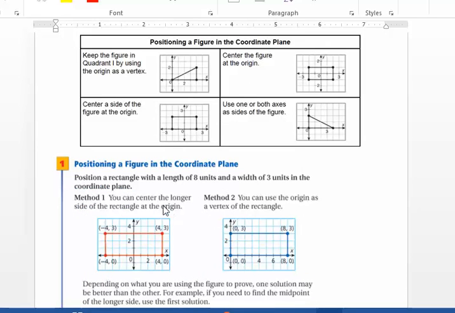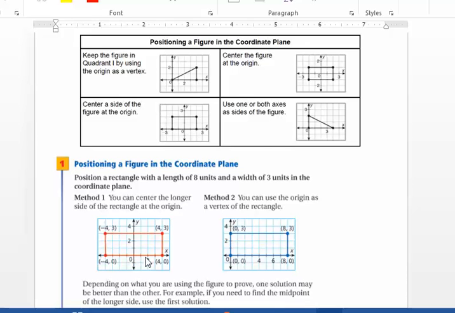So here's some examples of a problem similar to what you're going to be asked to do. It said to place a rectangle with a length of 8 units and a width of 3 in the coordinate plane. One way they did was center the long side so that it's on top of the x-axis and 0, 0 is in the middle of it. And then you're going to have to say what the coordinates are.